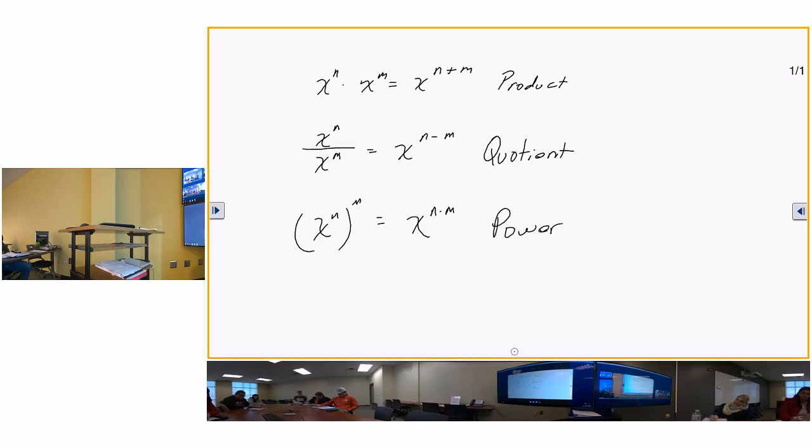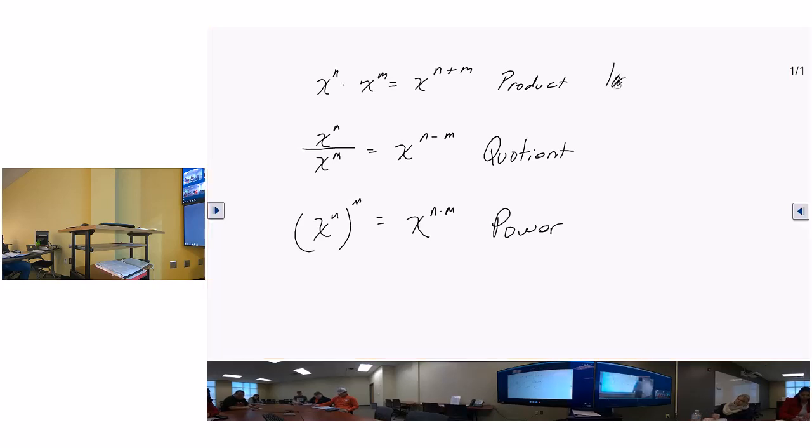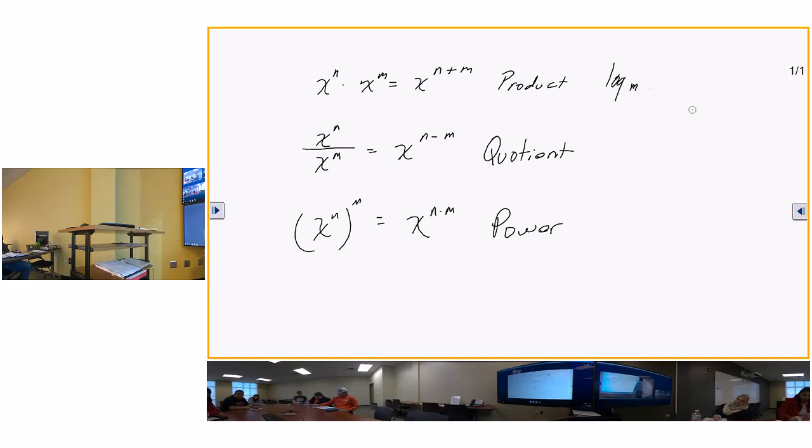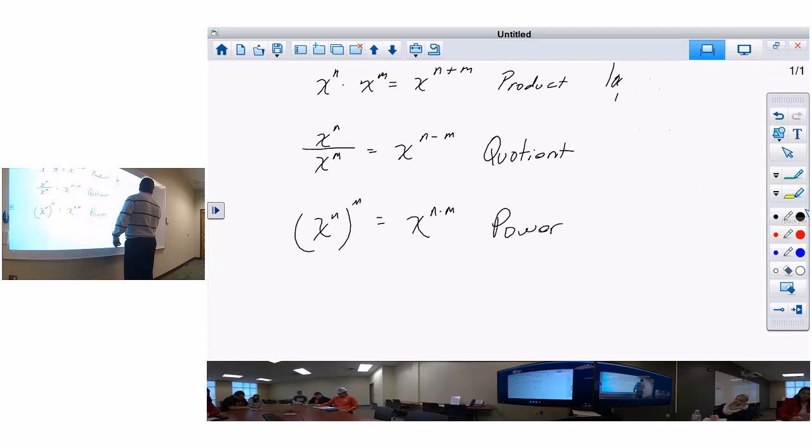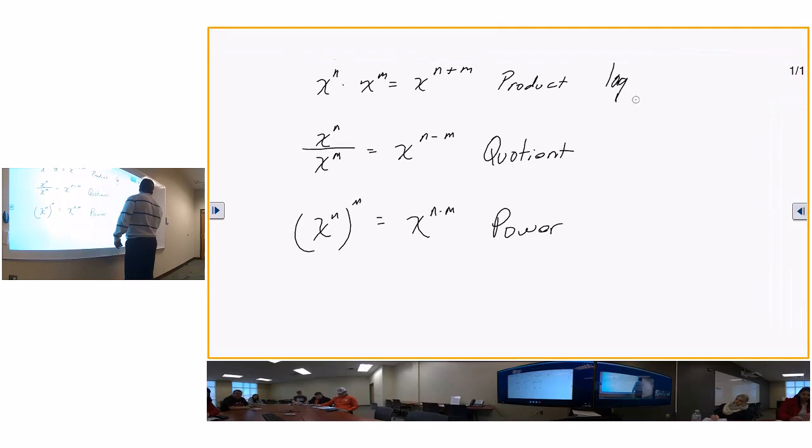Now, with exponents, logarithms are glorified what? Glorified exponents. Product rule: log of m times n is equal to log of m plus log of n.